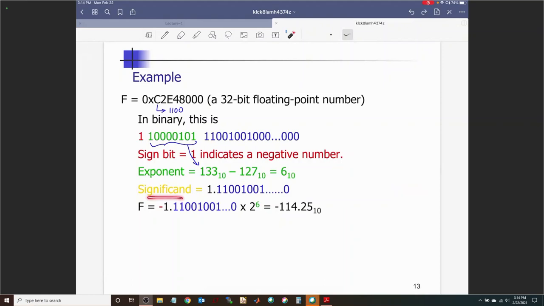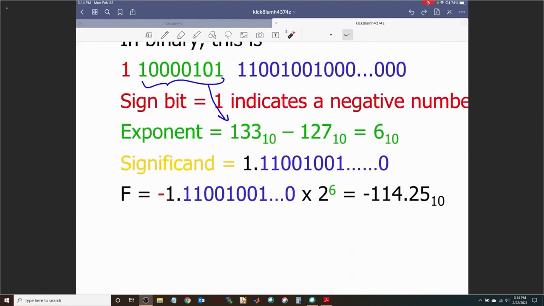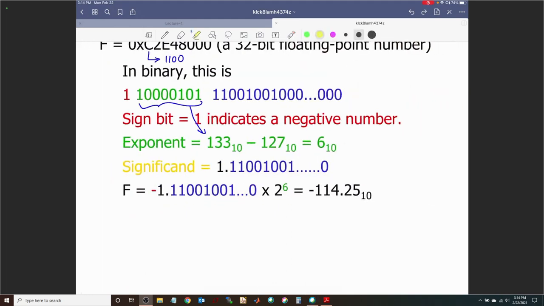And what about the significand? Well, significand comprises of 1 dot followed by all the bits in the fraction field. What do you have in the fraction field? You have all these bits in blue in the fraction field. So you take all of that and you plug it in over here. What doesn't change is the 1 up front, because that is always going to be in a normalized 1 dot followed by a bunch of bits format.